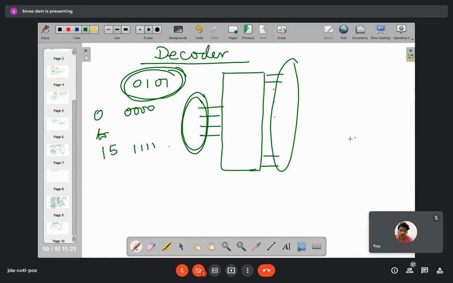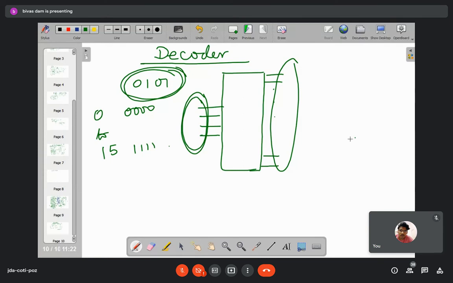Whatever input encoded pattern is there, from there it has to generate outputs. If there are n bits in that particular encoded pattern, it will get enough outputs. That means here, given n is equal to 4, there should be 2 to the power 4 outputs, that means 16 outputs.